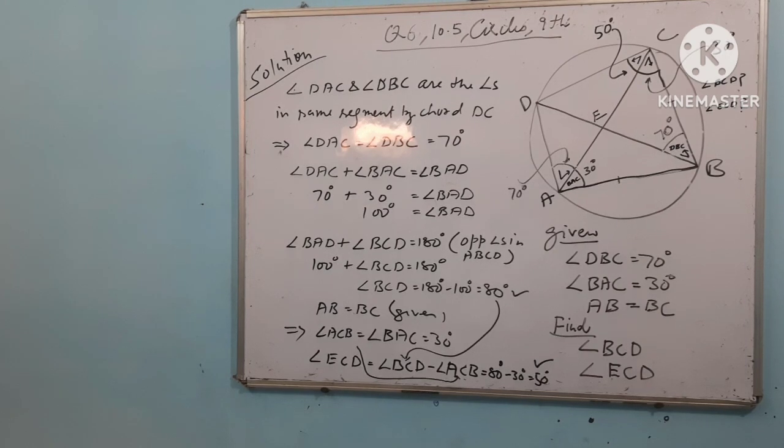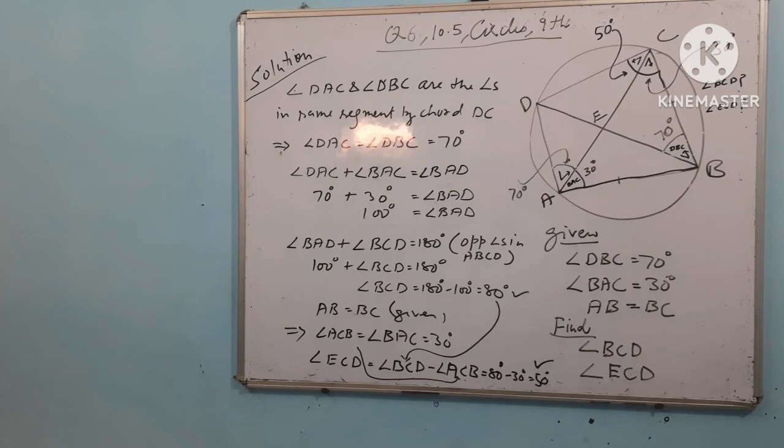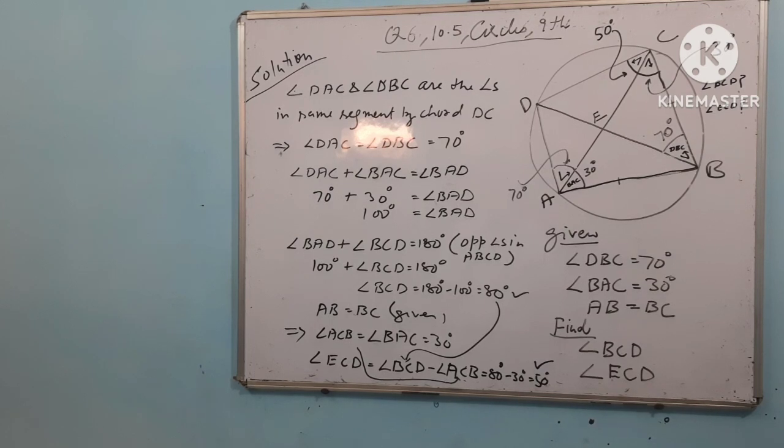So, by observing the cyclic quadrilateral ABCD, you can see that angle BAD and angle BCD are the opposite angles in the quadrilateral, which is cyclic.